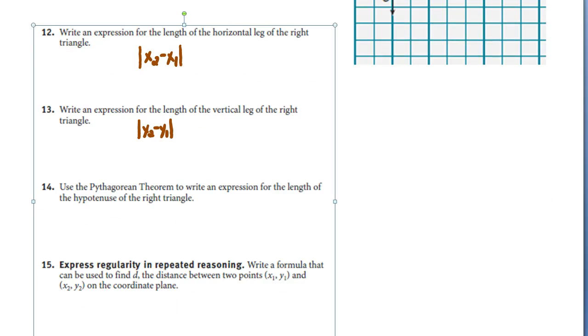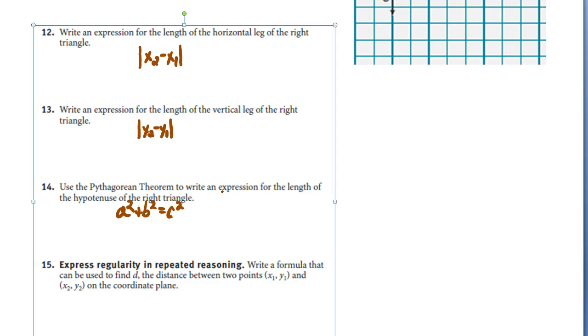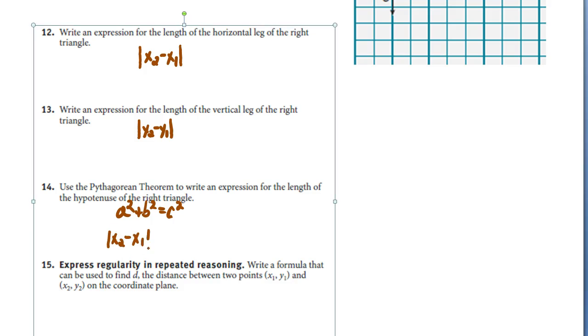Number 14, use the Pythagorean theorem to write an expression for the length of the hypotenuse of that right triangle. So with the Pythagorean theorem, that's the a squared plus b squared equals c squared formula. And like the last one, for the letter A, let's use our horizontal leg. Right up above, we express that as the absolute value of x2 minus x1.